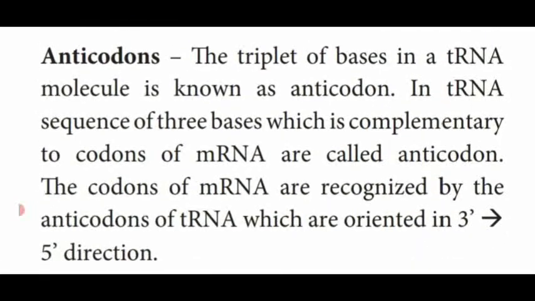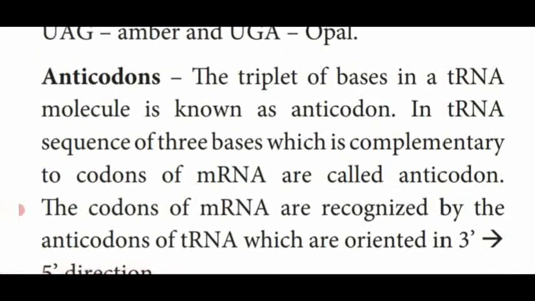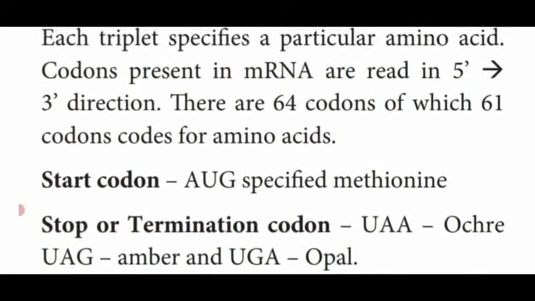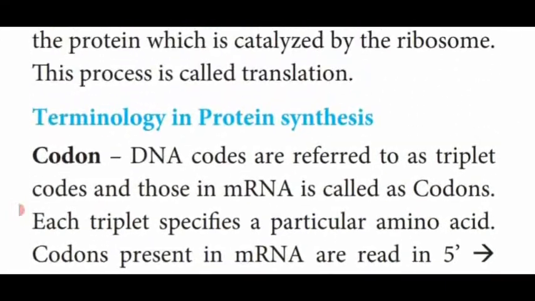Coming to the anticodon, the triplet bases, that is nitrogenous bases, present in the tRNA molecule, which are complementary paired with the mRNA codons, are known as anticodons. These codons of mRNA are recognized by the tRNA anticodons in the 3 prime to 5 prime direction. Dear students, I hope you have all understood what is codon and what is anticodon.